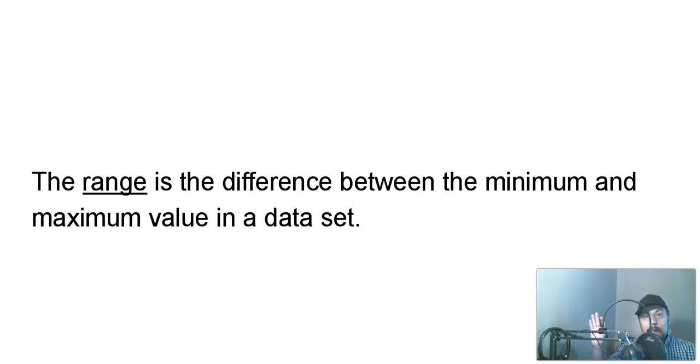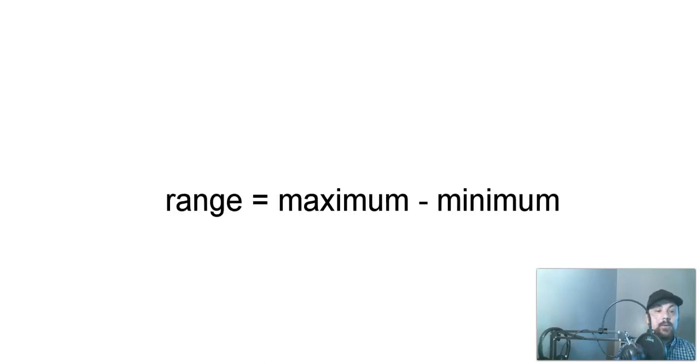So for the mid-range, we add the min and max together and then divide by 2. For the range, we take a difference, which means we subtract the maximum minus the minimum, and that gives us a really rough idea of the spread of data values in our data set, by saying what's the gap between the highest number and the lowest number.